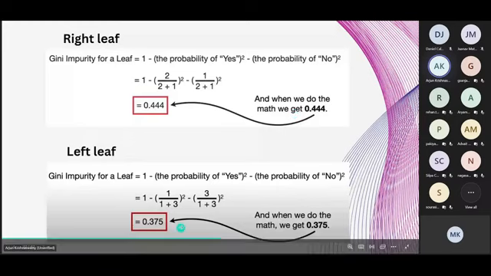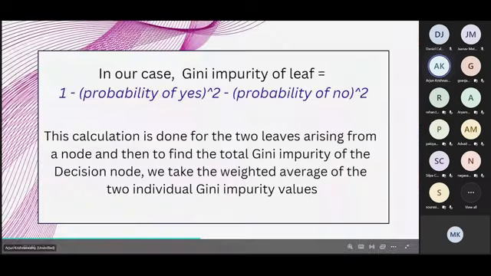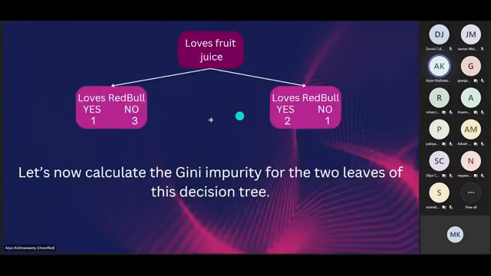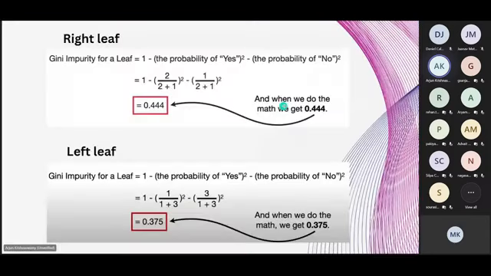So, as I had mentioned here, to find the Gini impurity of this entire split, we have to take the weighted average. The weight of a node is the number of data points in it divided by the total data points, multiplied by its Gini impurity. So it is 4 by 4 plus 3 into 0.375, plus 3 by 4 plus 3 into 0.444.